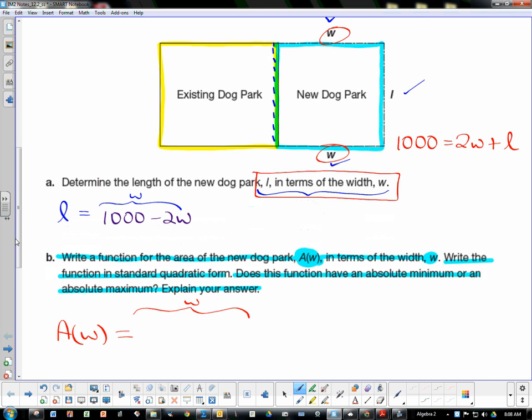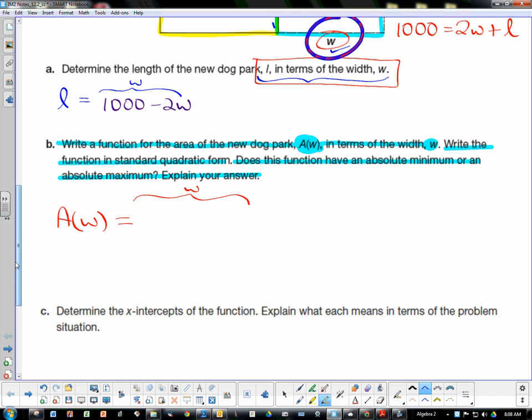Here's your L, here's your W. So I can come down here and say L times W. But I would like to have just W over here. How can I have just W over here? I don't want the L there anymore, because I want it just in terms of W.